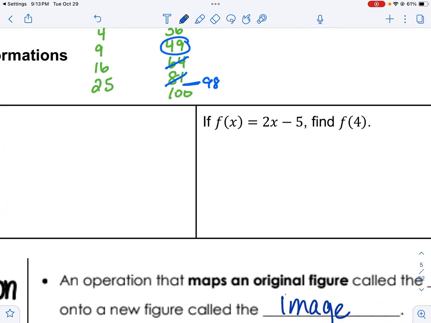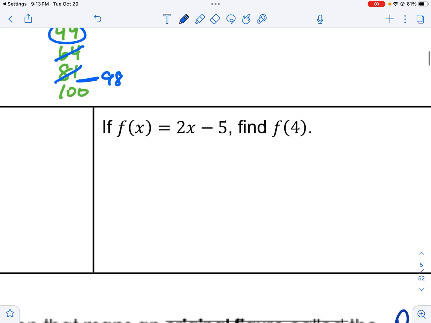All right, and like I said, we did a bunch of the work with this when we were doing the distance formula. All right, looking over here at what we call function notation. We haven't done any of this so far this year, but f of 4 is what we're looking for. And the nice thing about this 4 is when I look over here, f of x is the equation 2x minus 5. So I know that the 4 replaces the x in this equation.